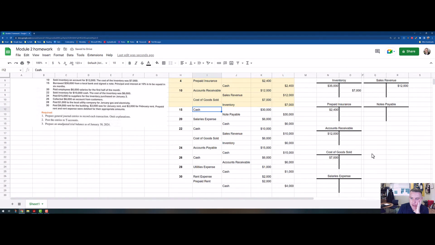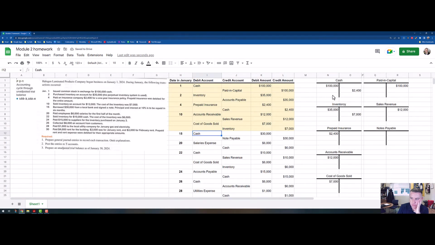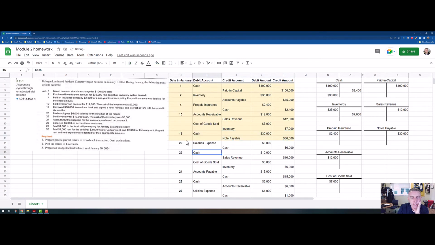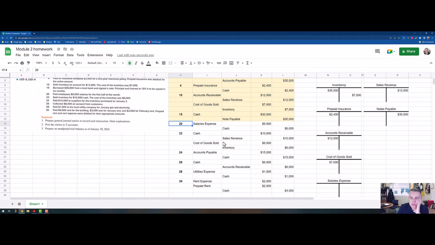So we're going to say debit cash 30 grand. All right. Credit notes payable 30 grand. Easy. This is why I love accounting. It's so structured, so organized, easy to figure out. We have salaries expense, $6,000 equals 6,000, okay?